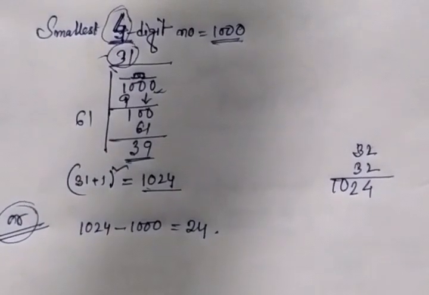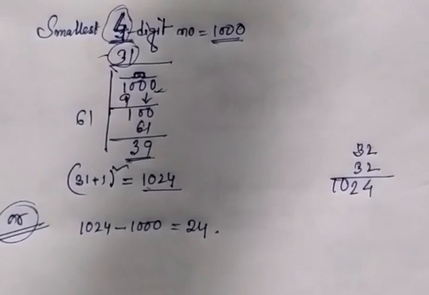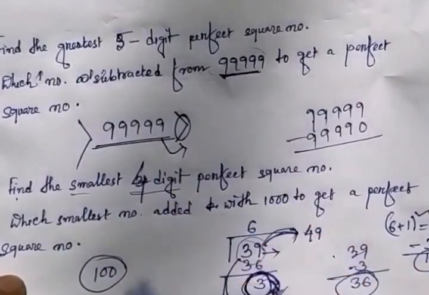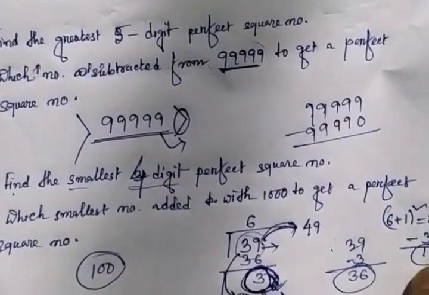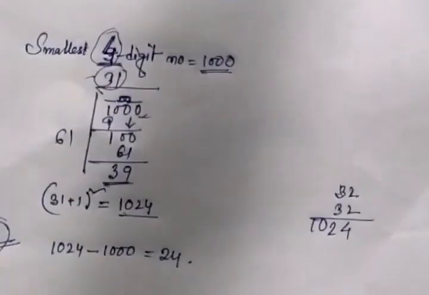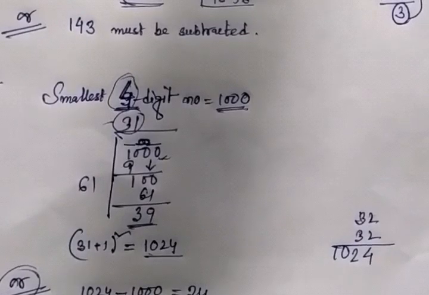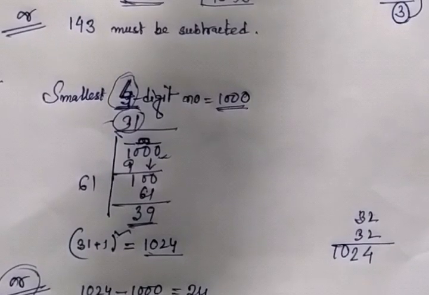If we add 24 to 1000, then we get the perfect square number. Please everyone change that question. Write the question. Make it 4 and here 1000. Okay. If any problem, then you tell me later.